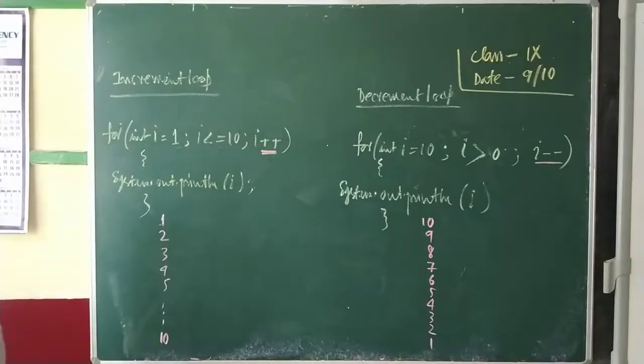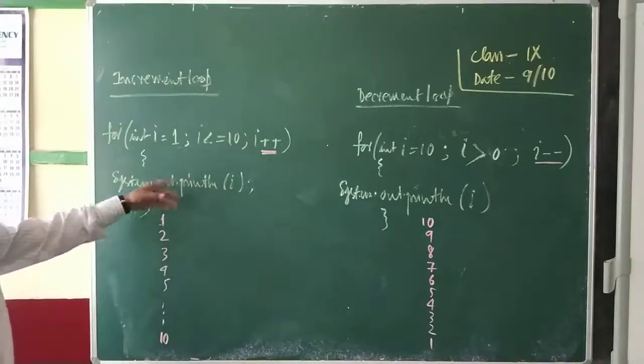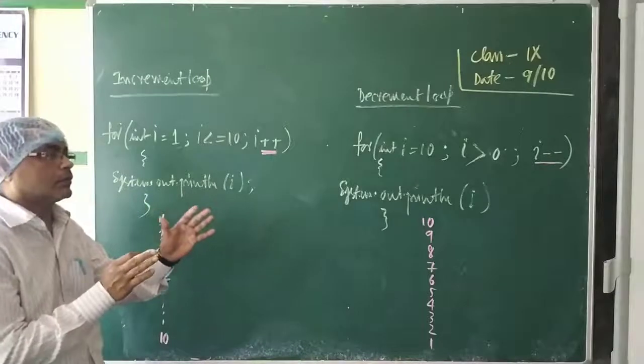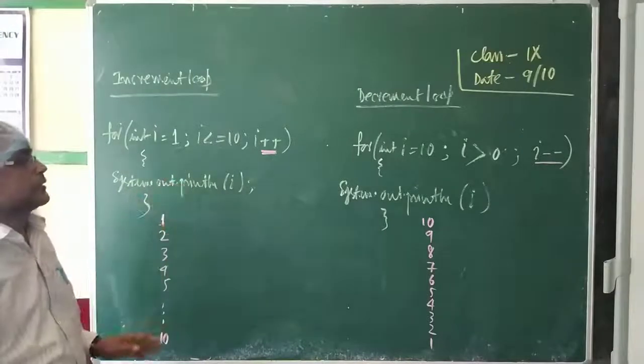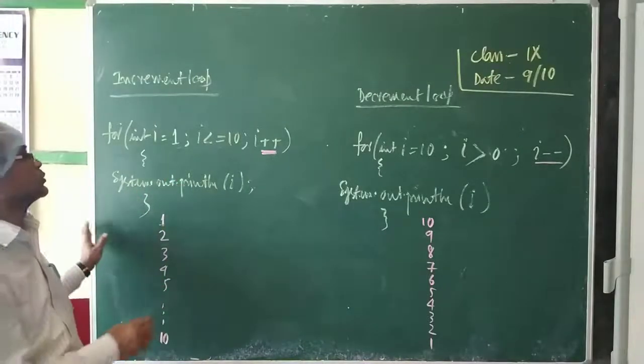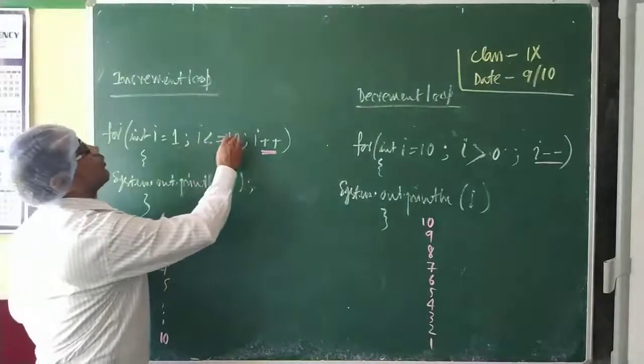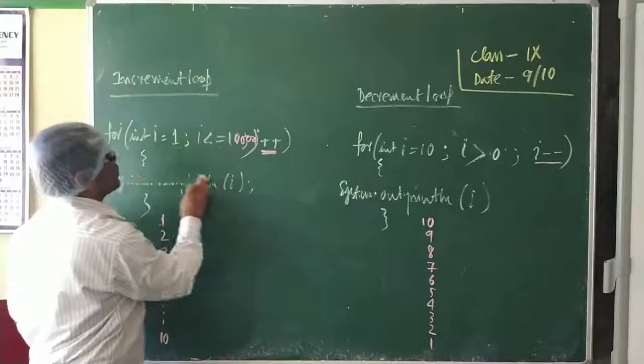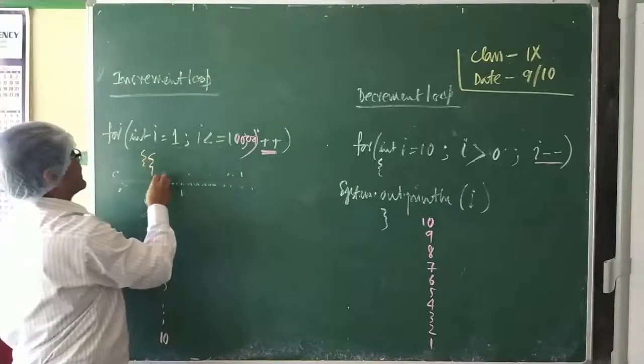There are some other types of loops where no work is done, called delay loops. Say you want to show the program on the screen for timing. You give a value from 1 to 1 lakh, and in the body you don't give anything, just an opening bracket and a closing bracket.